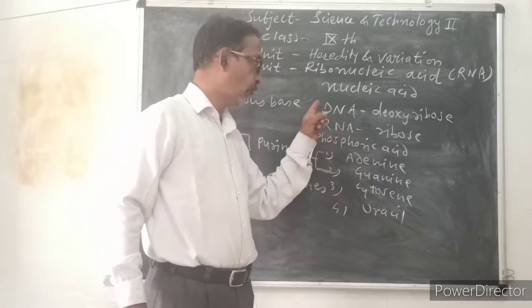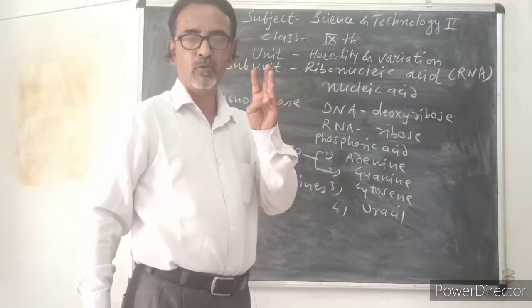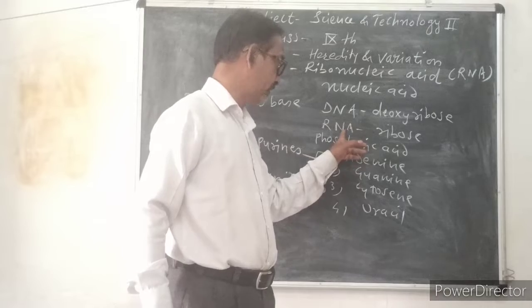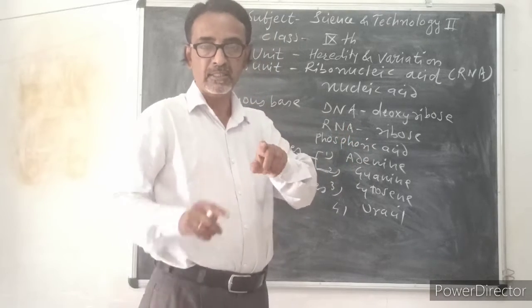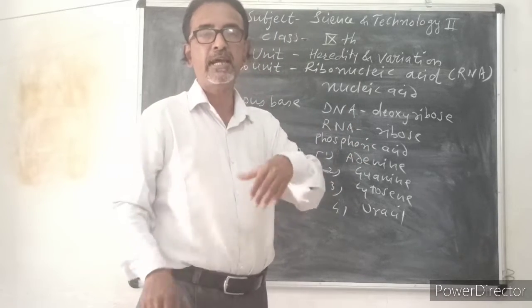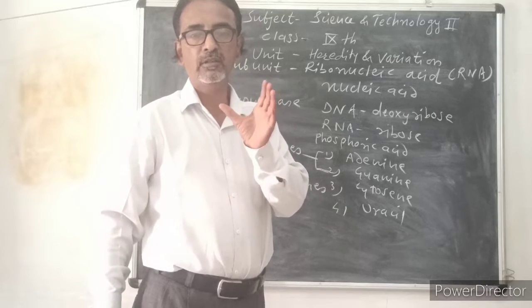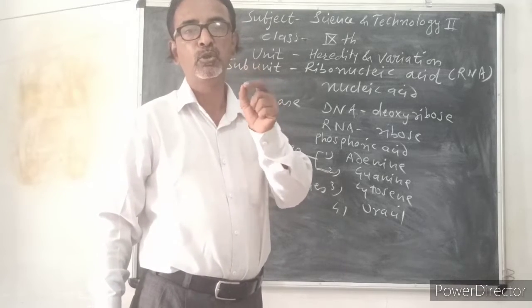So one sugar molecule, one phosphorus molecule or phosphoric acid, and one of the nitrogenous bases, all these three together, as we have seen yesterday, are called a molecule of nucleotide.